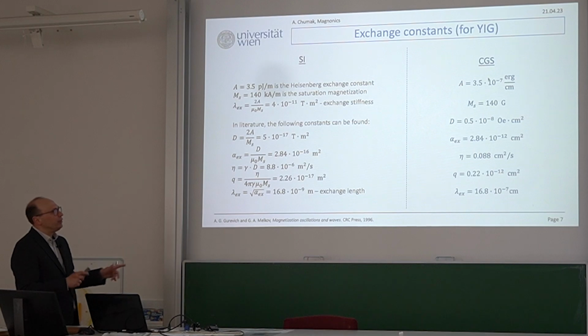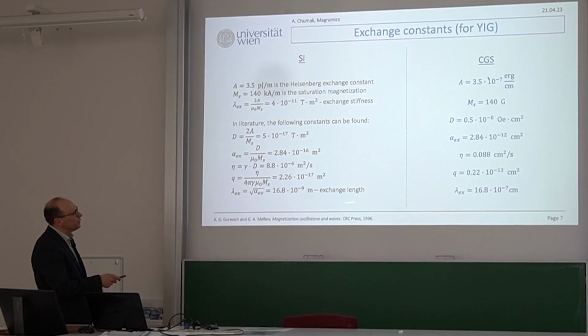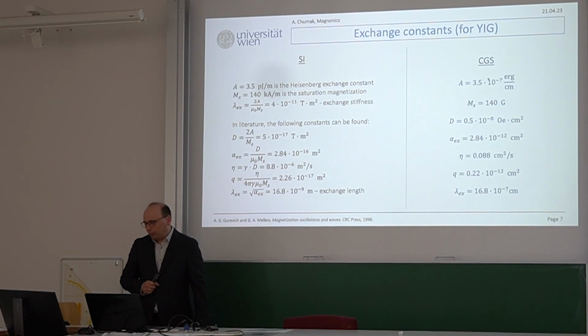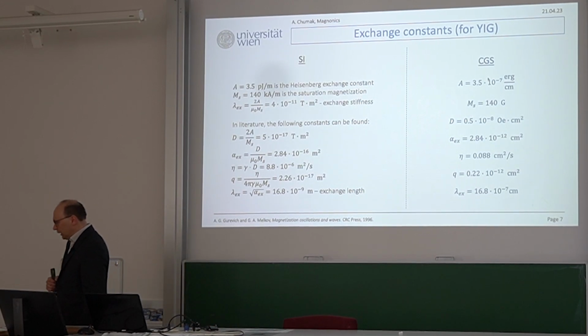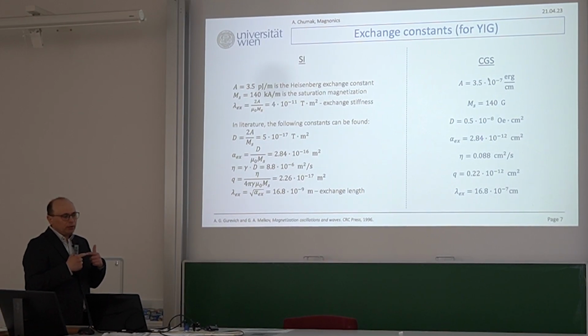In my lecture today, I will use different sources. Some of them will use eta, Q, and lambda exchange, but this is not this lambda exchange. That's a different one, because this one is named exchange length. Exchange length is a parameter which is also very important. It more or less gives you a feeling of over which distance exchange interaction acts.